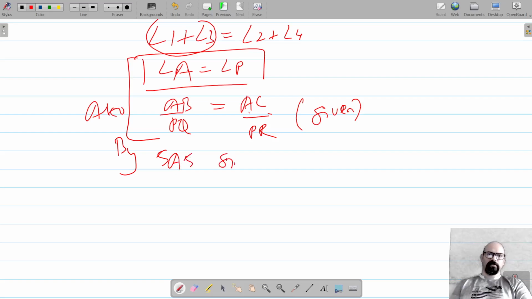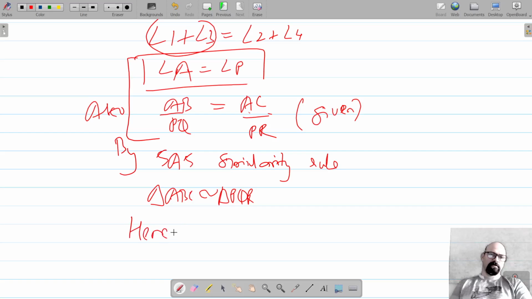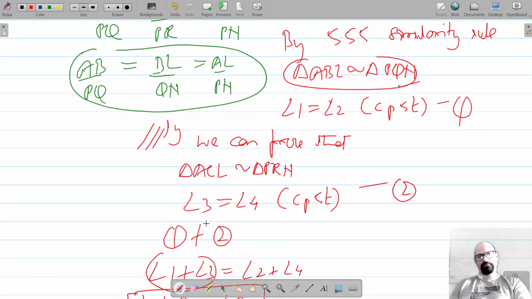So by SAS similarity rule, triangle ABC is similar to triangle PQR, and hence we have proved what was asked in the question.